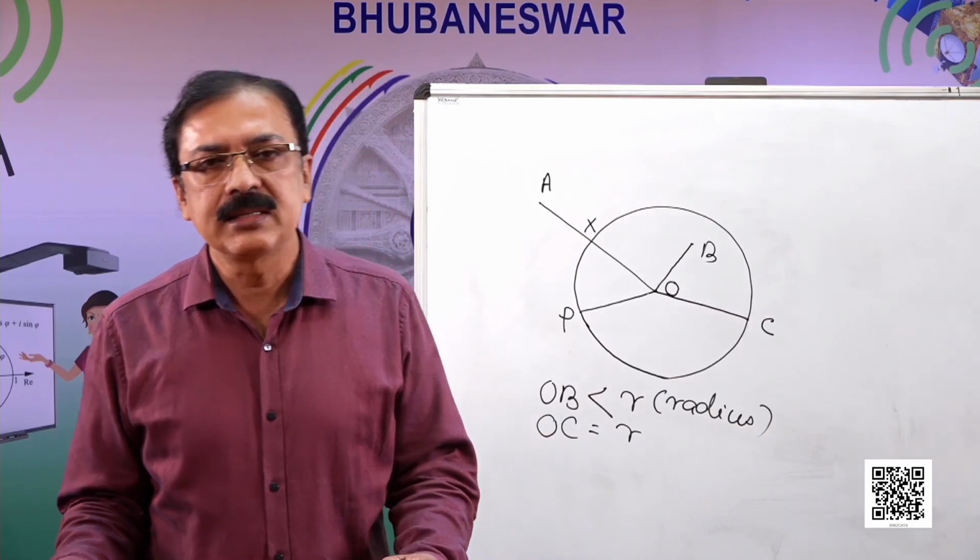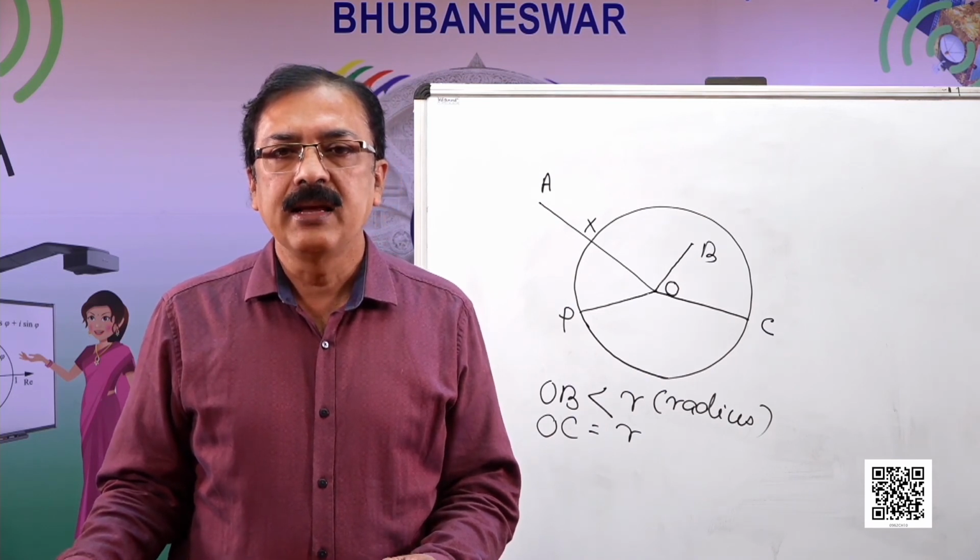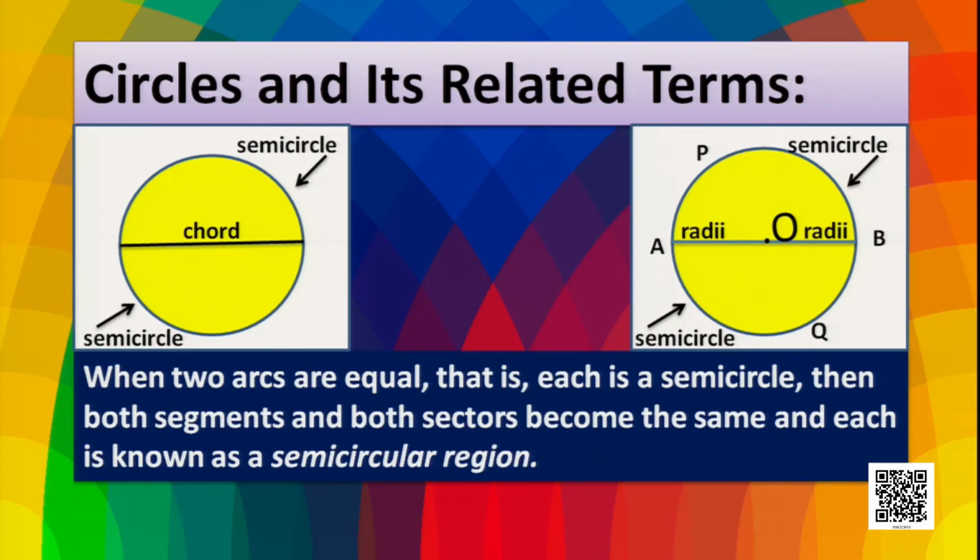Let's try to understand this. If these radii are on the same line, then this will constitute a diameter. As we know, the endpoints of a diameter divide the circle into two semicircles.